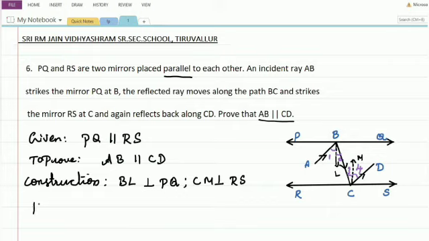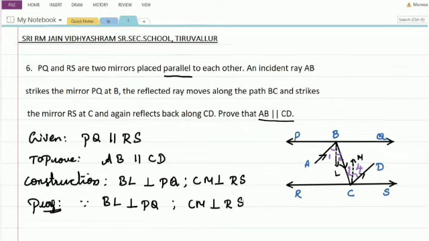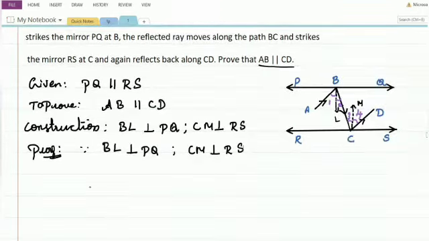So proof. Since BL is perpendicular to PQ and CM is perpendicular to RS, it implies that BL is parallel to CM.